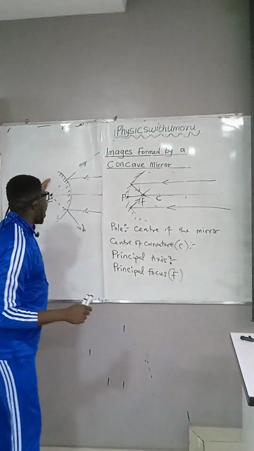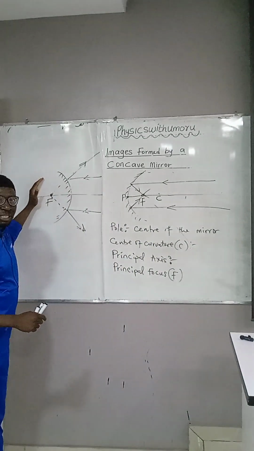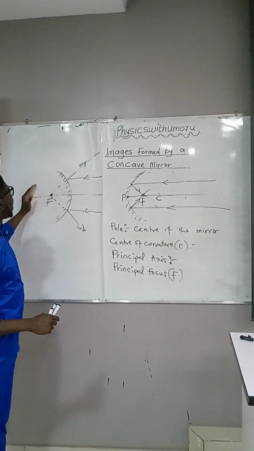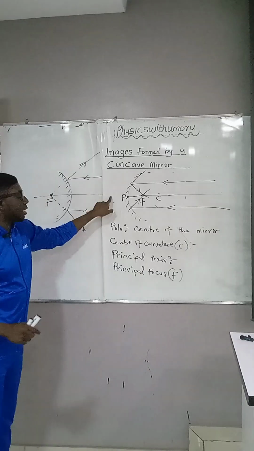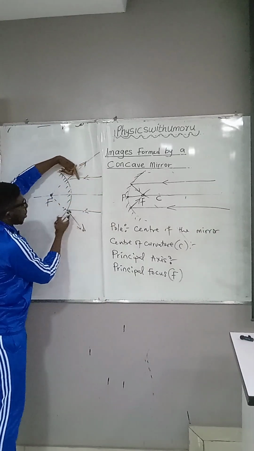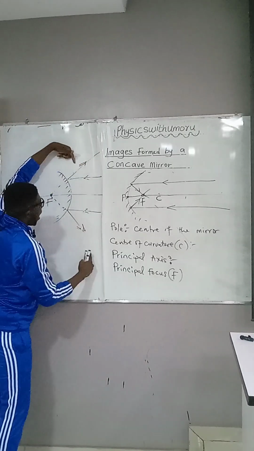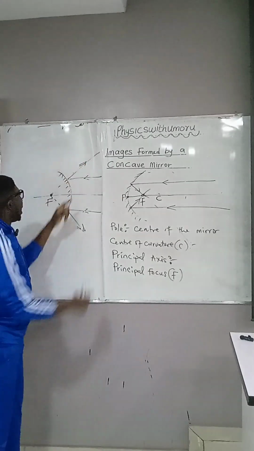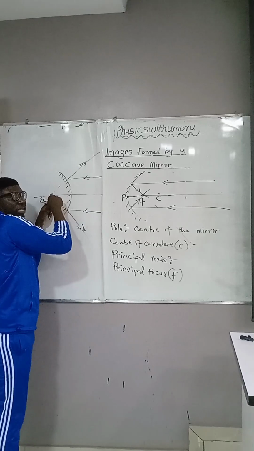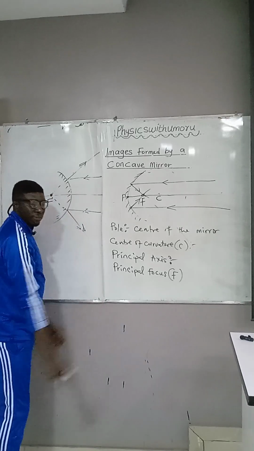If you are asked to define the principal focus of a diverging mirror, you will say that this is a point on the principal axis where rays parallel to the principal axis appear to diverge after reflection. They appear to have diverged from this principal focus after reflection.